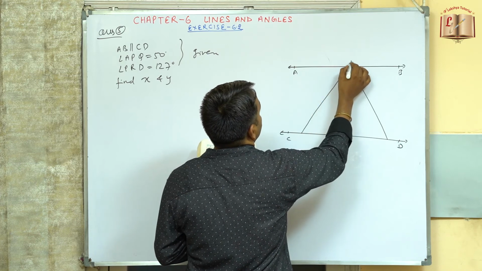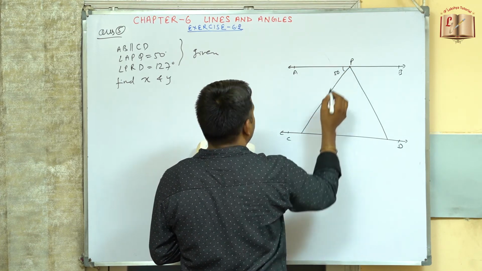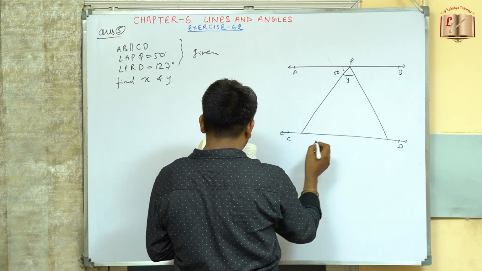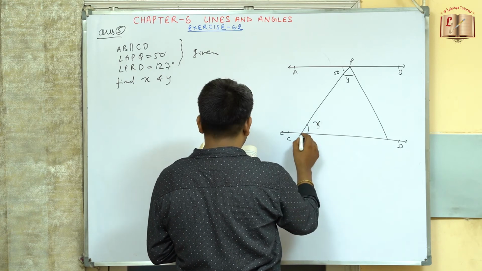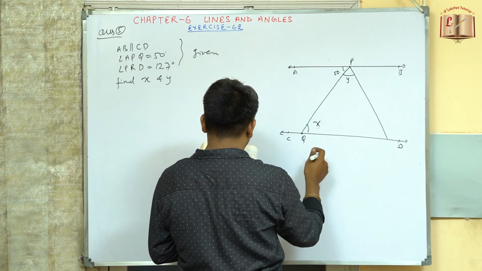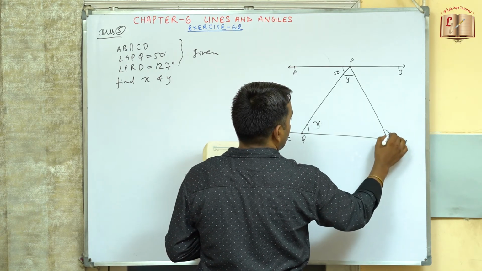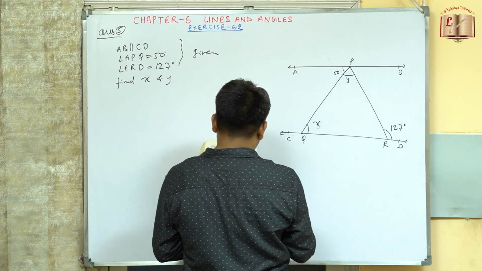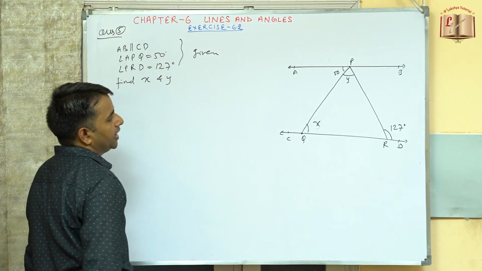So this point is P and this angle is given, this is 50 degree, and this angle is given as Y, this angle is X, and this point is Q, and this point is R, and this angle is 127 degree given to us. So we need to find out angle X and Y.